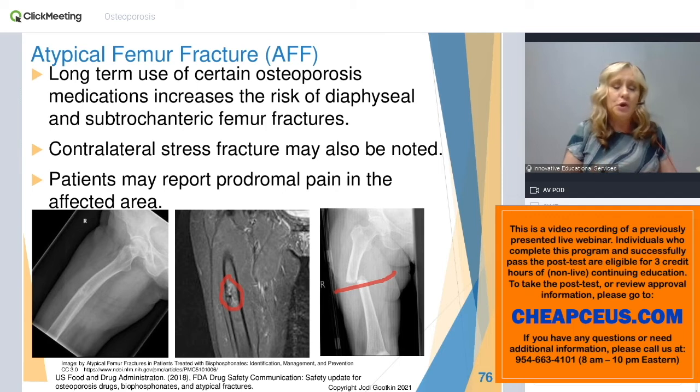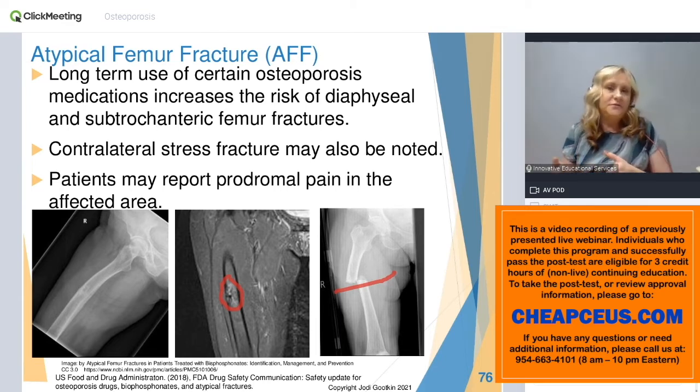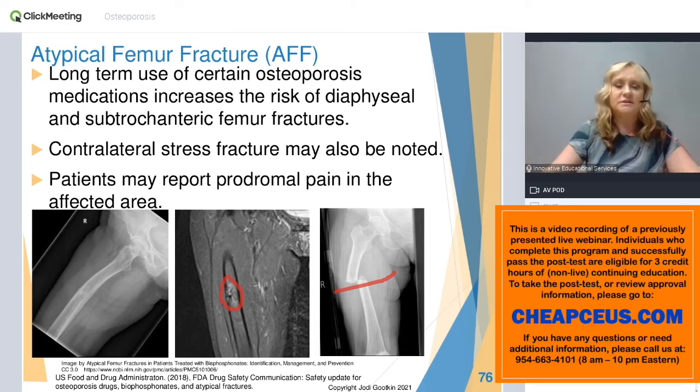It's a low load type of injury where they may not even realize it happens. Important for us to know if we're doing exercise programs for patients with osteoporosis, if they start to present with this, it could potentially be that complication, and now they have that fracture that has to be addressed.